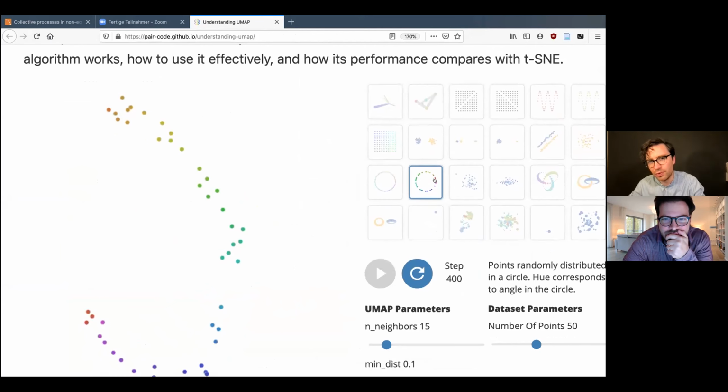That's actually a good example for your question. Here we have a circle with dots, and the distance between the dots is not always the same. If we take just this example and say we know the Euclidean metric, we can think of how UMAP behaves in this case.